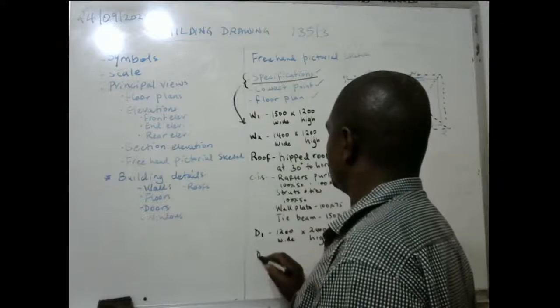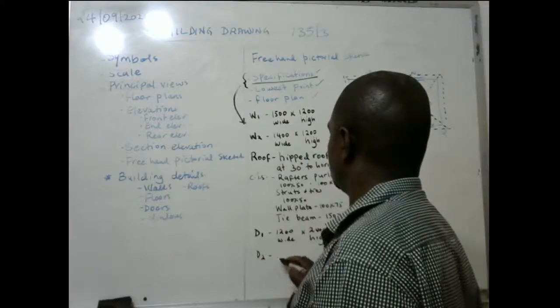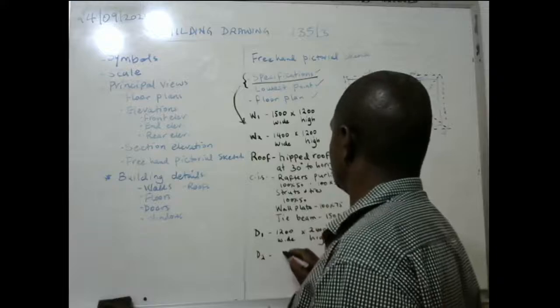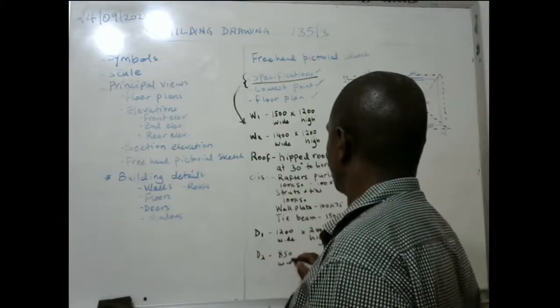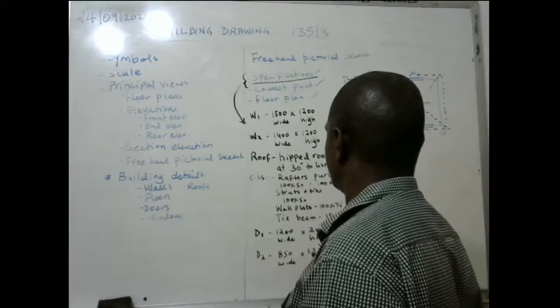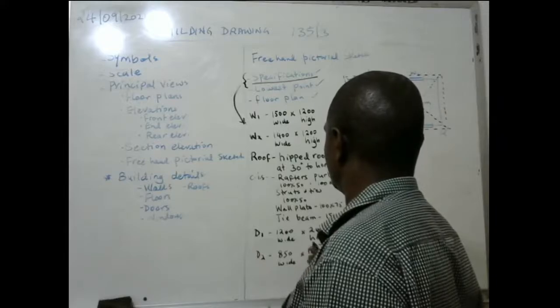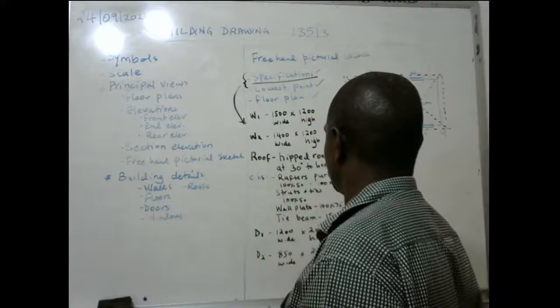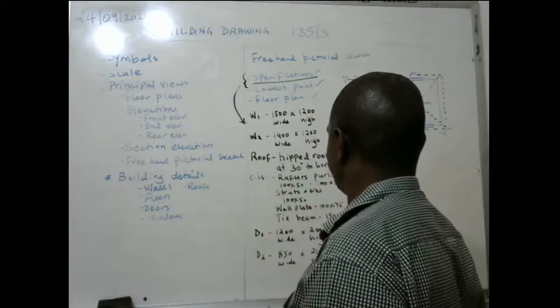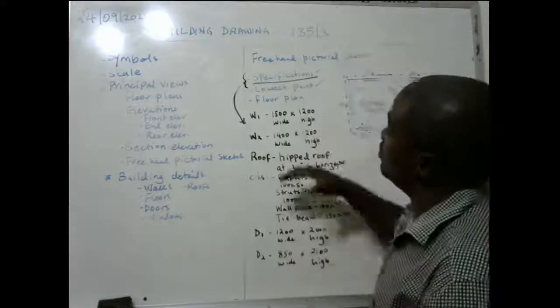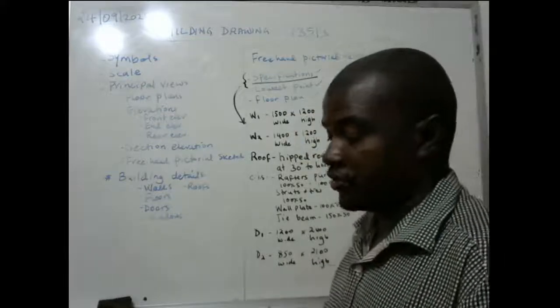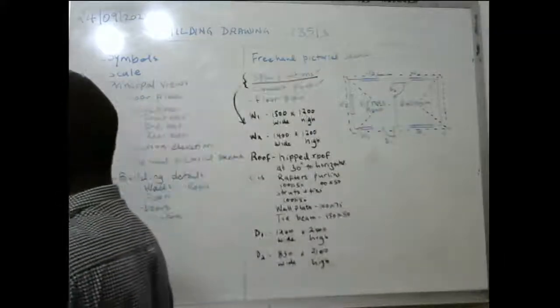Door 2, maybe you can say it is 850 wide by maybe 2,100 high. All this information is referred to as specifications.